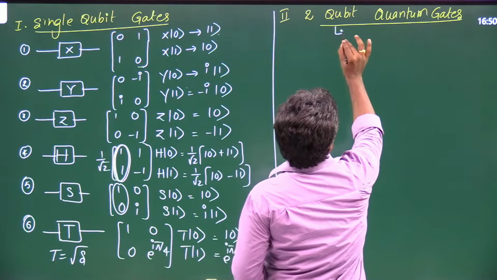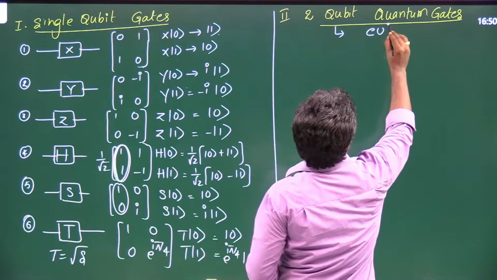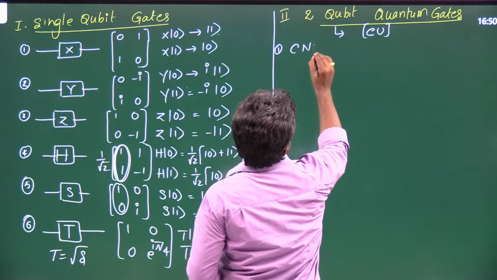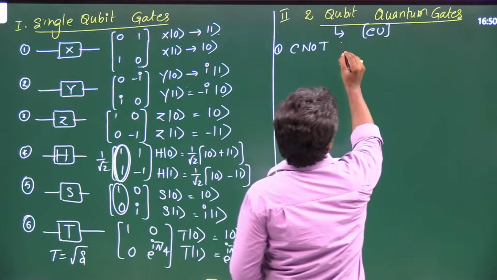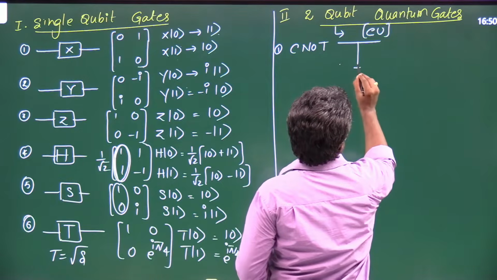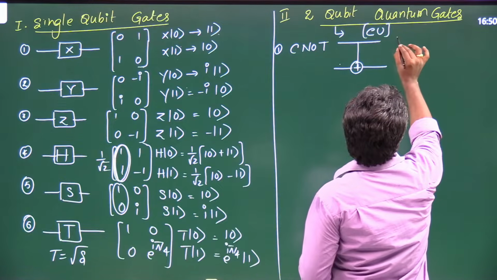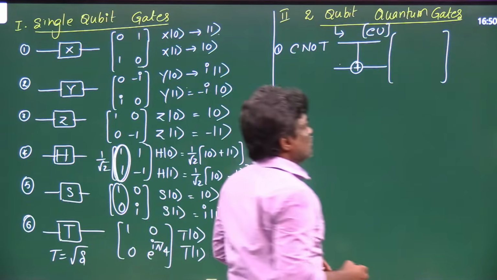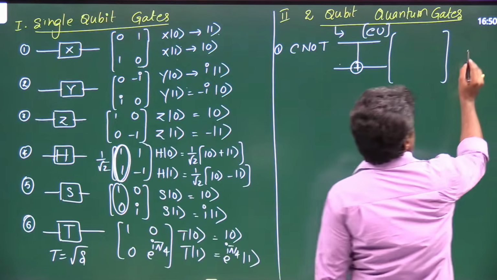So this is the operation represented by CU, controlled unitary operation. First one, CNOT. Just represent the gate, give the matrix, and give its operation.